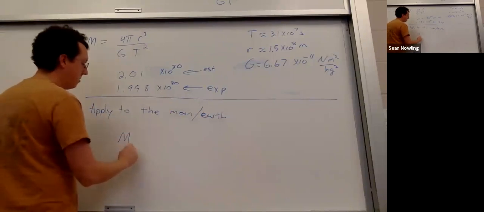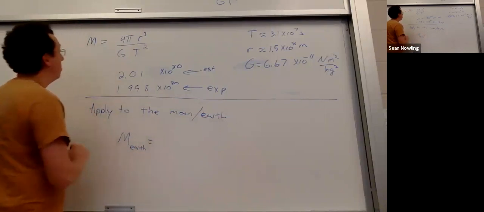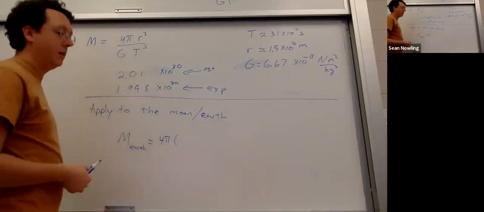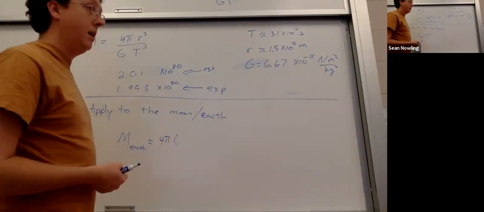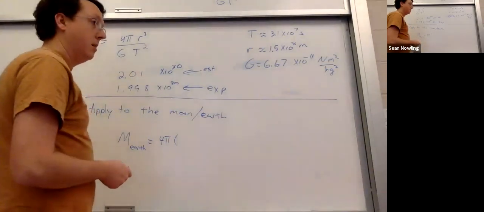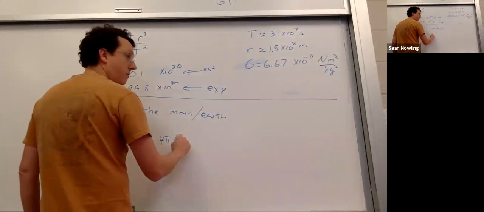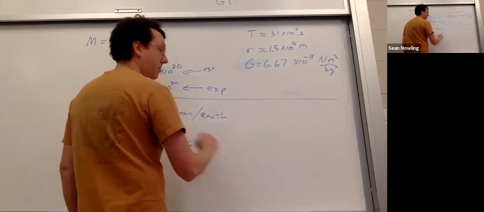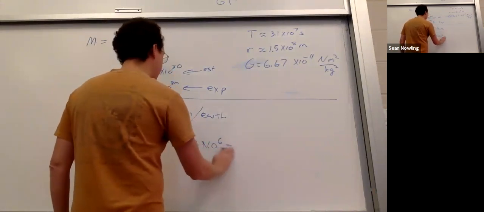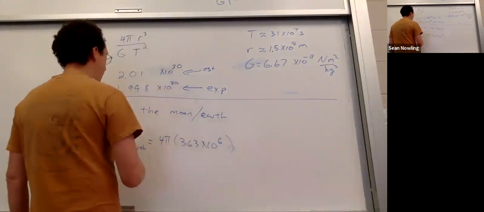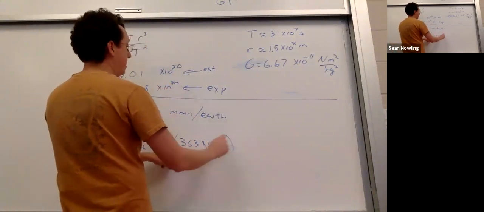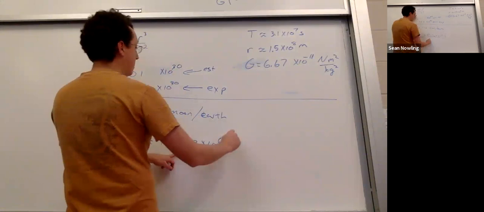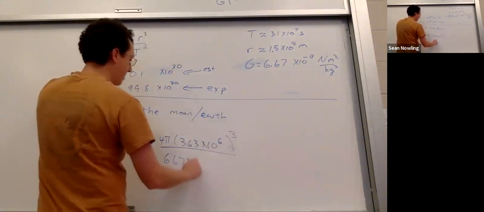The mass of the Earth equals 4 pi squared times the radius you should use, which would be the radius of the moon's orbit, and that number turns out to be 363 times 10 to the 6th meters. Won't worry about units here. And so that's the moon's radius, divided by G, 6.67 times 10 to the negative 11.